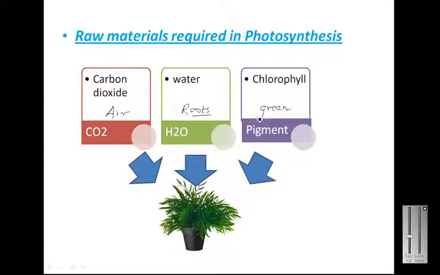It gives color to the plant. At the same time, it traps the sunlight, so it is doing a very important function. So these are the raw materials which are required in photosynthesis.